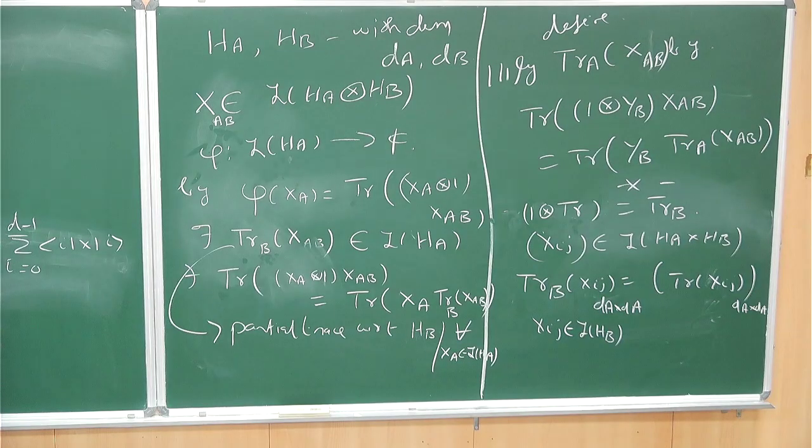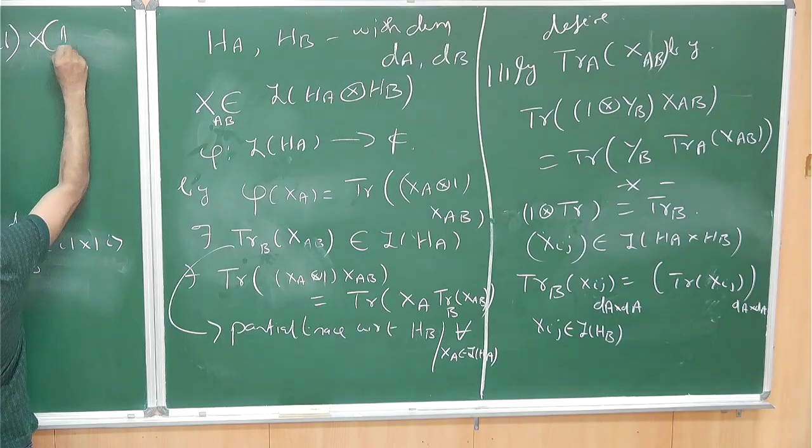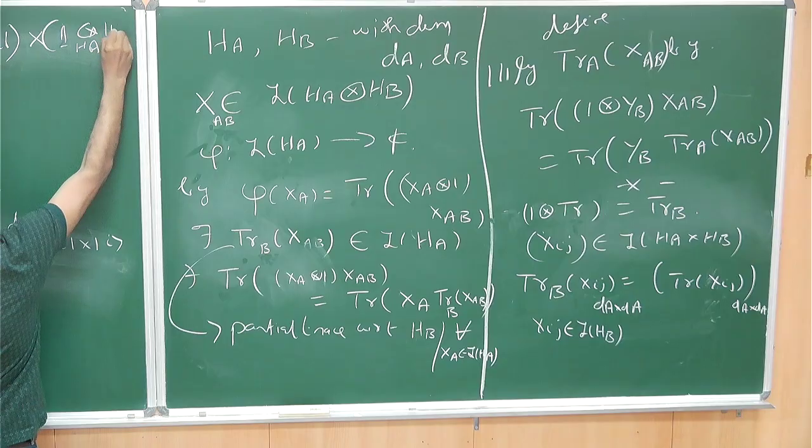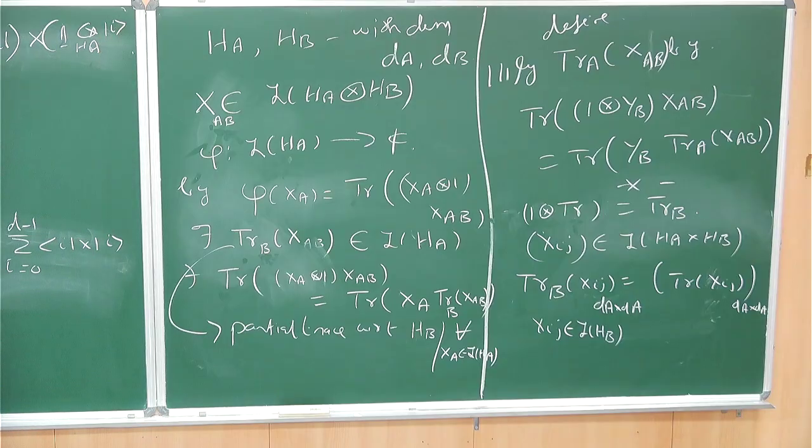This is basically because of the 1 tensor trace. 1_HA tensor this I, then you have x, and 1_HA tensor this I, summation over I. What is this element? This is a diagonal with I everywhere. That is what 1_HA tensor is.